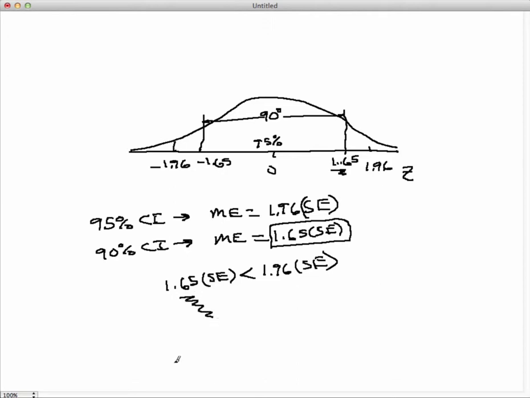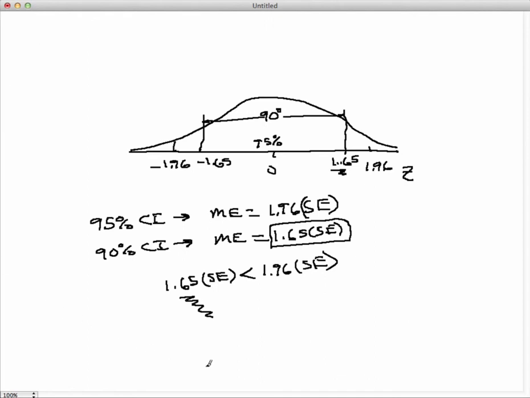Okay, so the margin of error for the 90% confidence interval is going to be narrower. So if you think about your margin of error as being the width of your confidence interval, then it makes total sense, because in a 90% confidence interval, it's going to be a narrower confidence interval. It's not going to be wider. Again, review from the last chapter and all the stuff that we talked about in chapter 4 also.